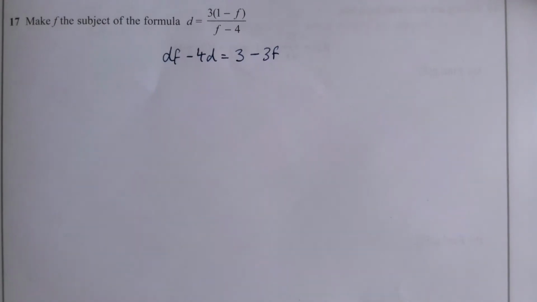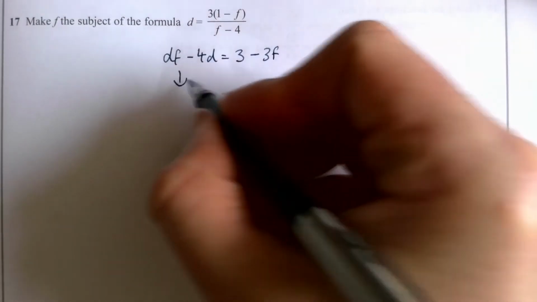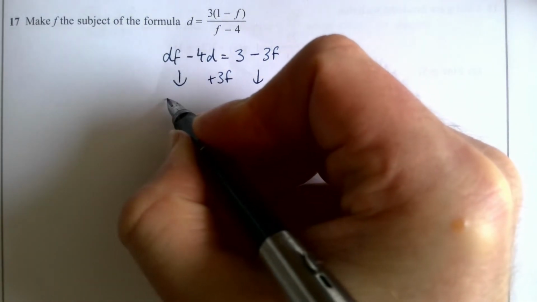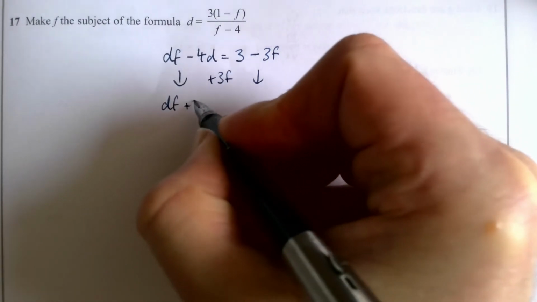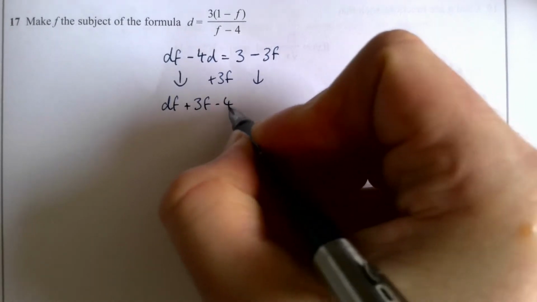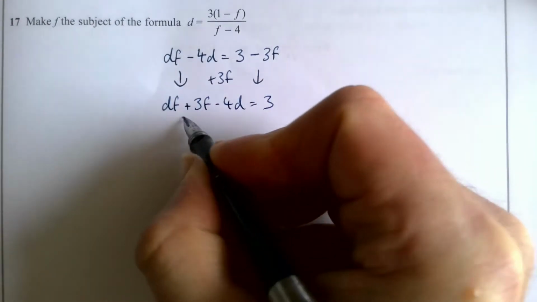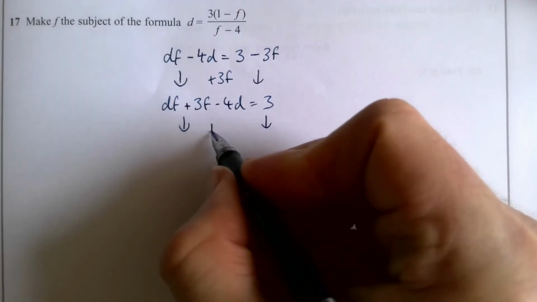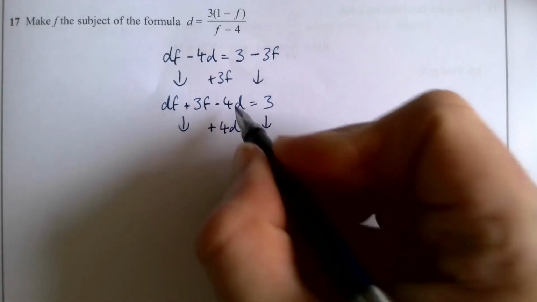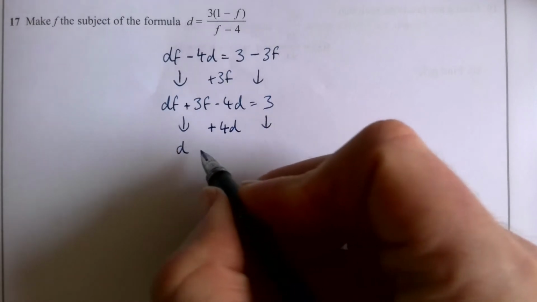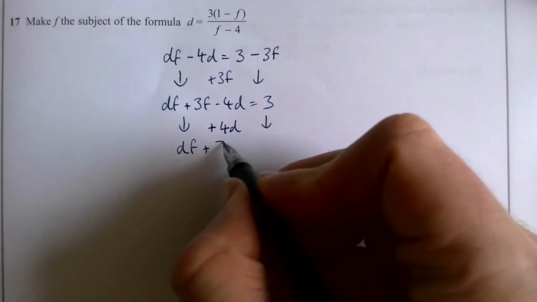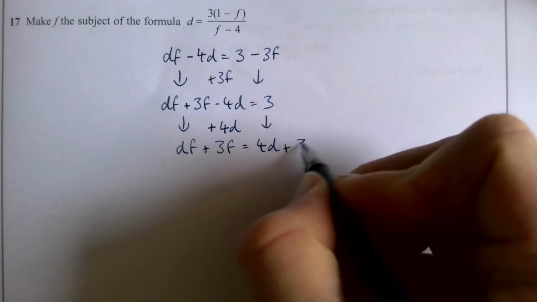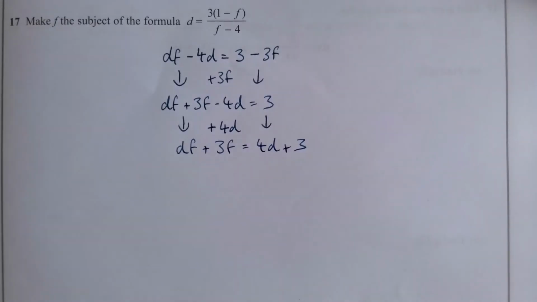Next we need to get all the terms involving f onto one side, so I'm going to add 3f to both sides, so that gives me df plus 3f take 4d is equal to 3, and I'm going to move the term not involving f to the other side, so I'm going to add 4d to reverse minus 4d, gives me df plus 3f equals 4d add 3, doesn't matter if you write it the other way round.